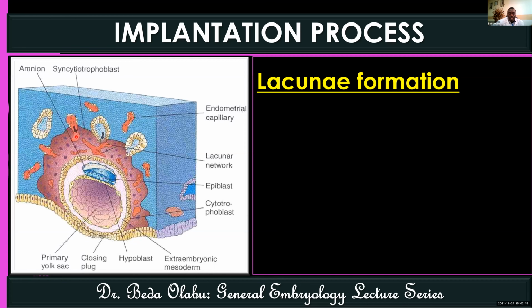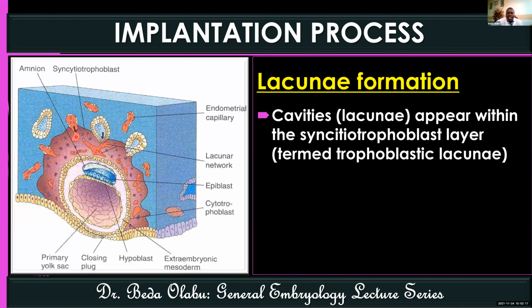These vascular channels are known as the trophoblastic lacunae. So there are vascular channels that appear within the syncytial trophoblast: trophoblastic lacunae.